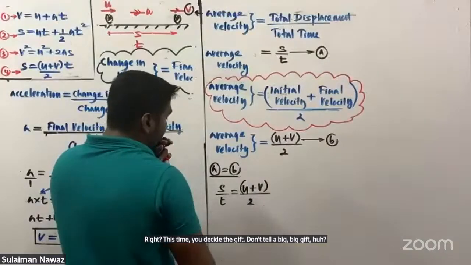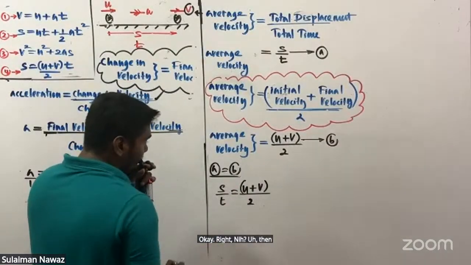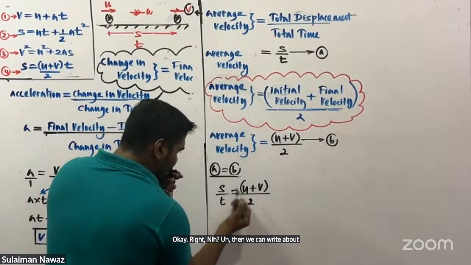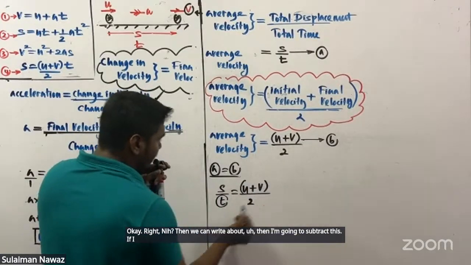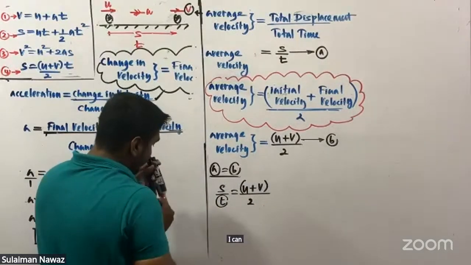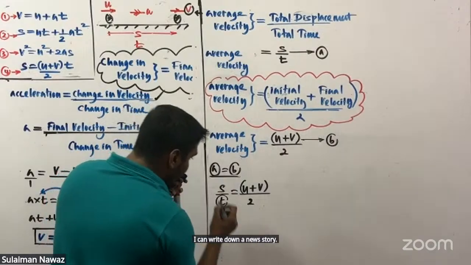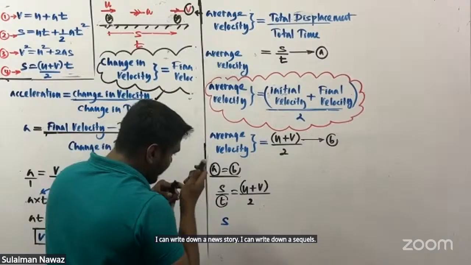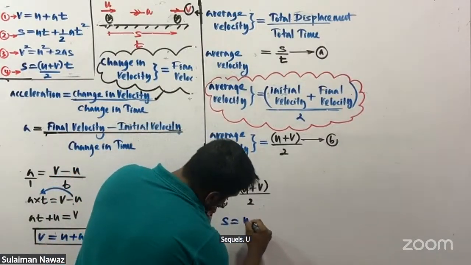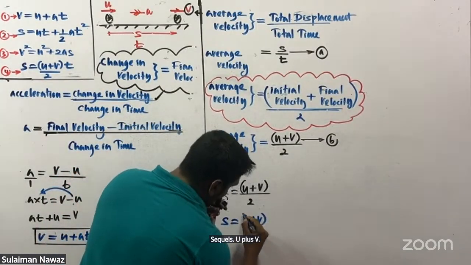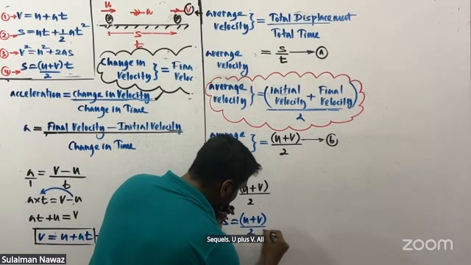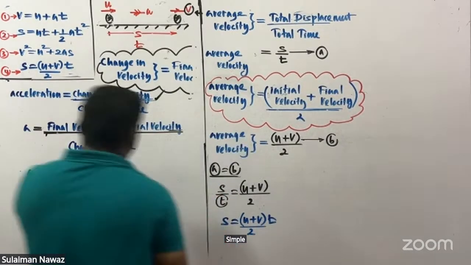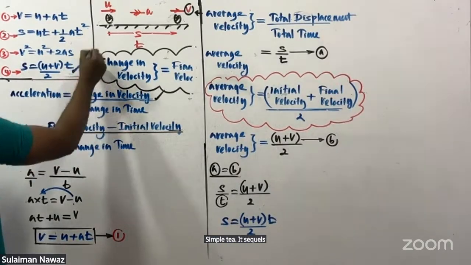Okay. Then we can write what? I'm going to substitute this. If I move this t to the other side, I can write S equals u plus v over 2, times t.